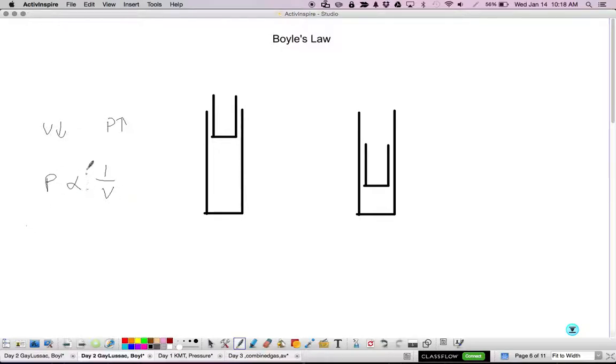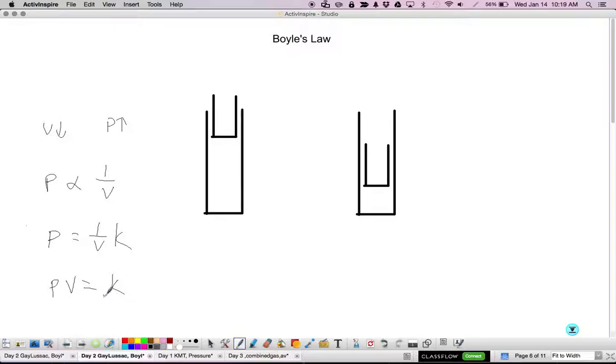So remember, when you go from a proportionality to an equality, you add a constant. So P equals 1 over V times K, which means that I can say that P times V equals K. So the pressure times the volume in this first instance should multiply to the same number as the product of the pressure and the volume in the second case.